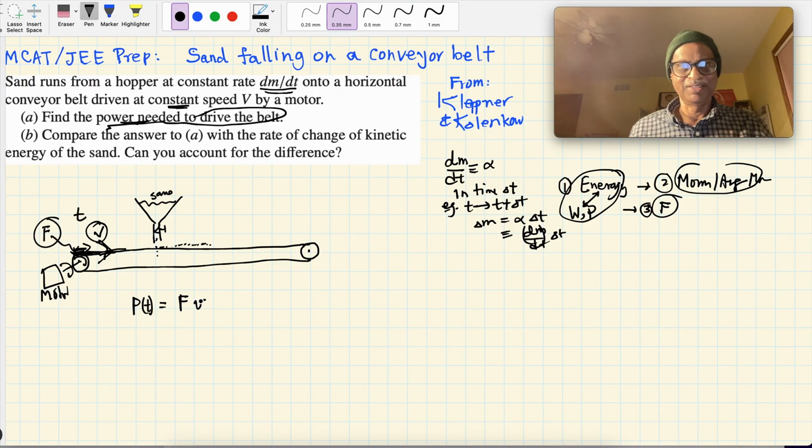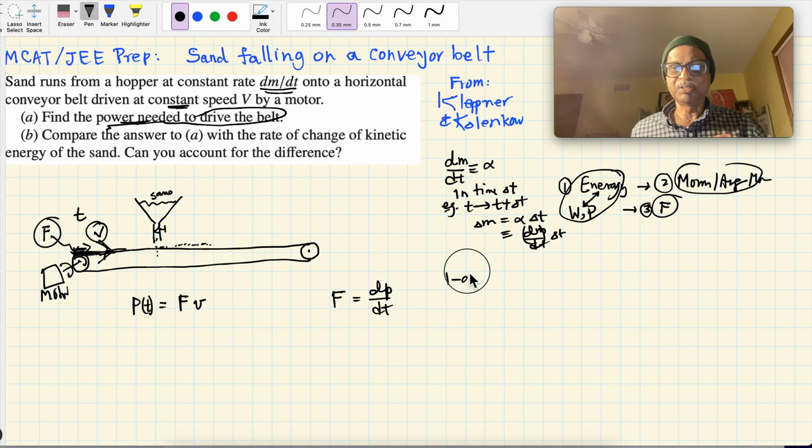Now we have to figure out how to get the force. Well, what is this force supposed to do? It's supposed to look at the change in the momentum, right? Force is dp dt, which is one dimensional, so we don't have to write x and things like that.